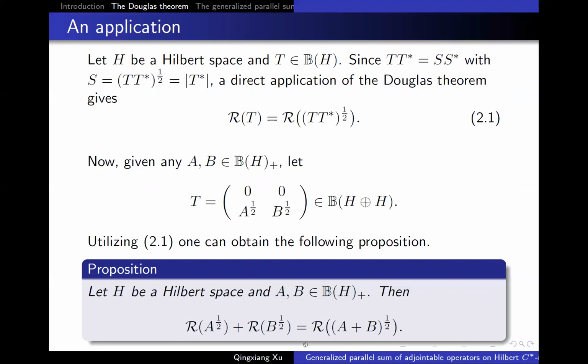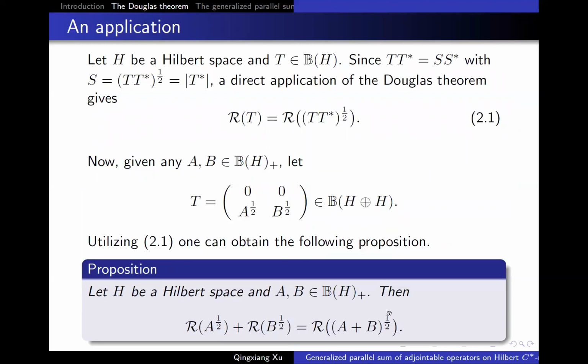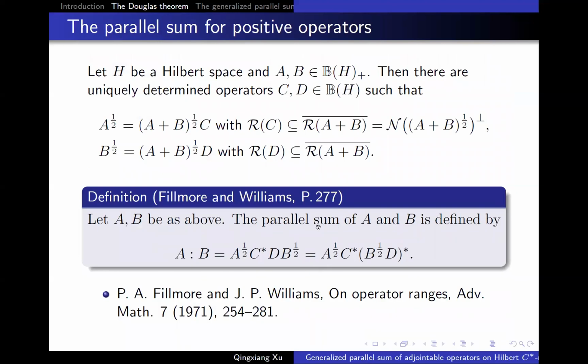From this range equation, we can conclude that the first range is contained in this range. Also, the second one is contained in the third one. So from the equivalence of the first two items of the Douglas theorem, we can use this equation to get two reduced solutions, for the two equations. Okay, so we have two unique operators, denoted by C and D, such that this condition and this condition are both satisfied.